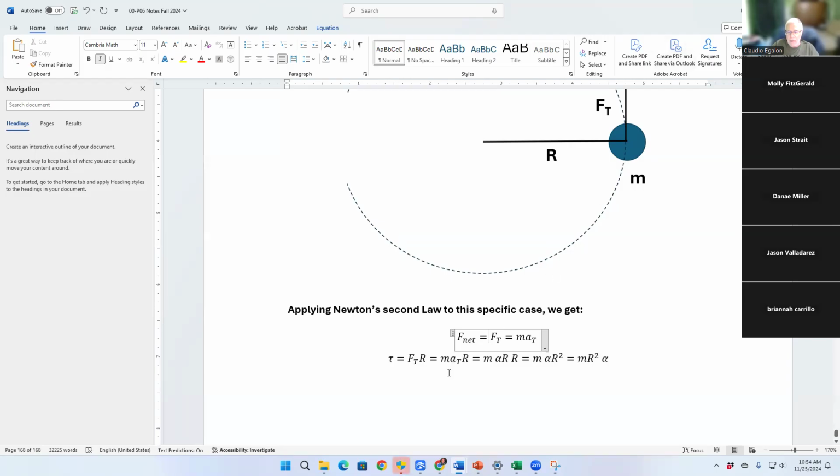The tangential force is the only force that's involved here. And here too, I'm going to write down net torque. Remember, second law of motion is about the net force. If the second law of motion is about the net force, the second law of motion for a rigid body must be written down in terms of the net torque as well, right?